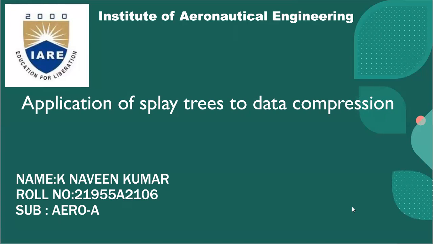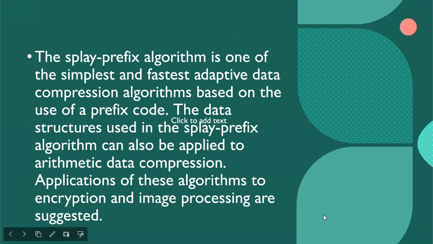First of all, I want to explain about data structure. A data structure is used to store the data. Coming to this topic, the splay prefix algorithm is one of the simplest and fastest adaptive data compression algorithms, based upon the use of prefix codes.